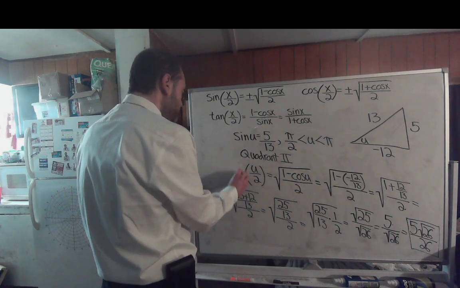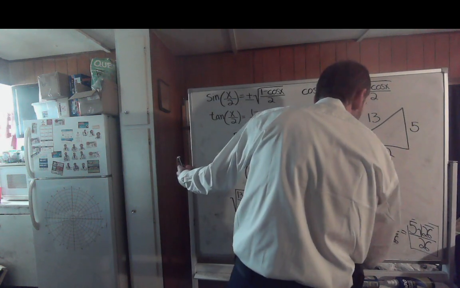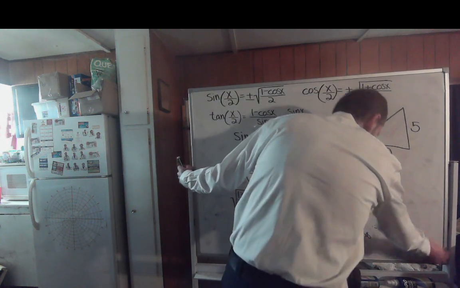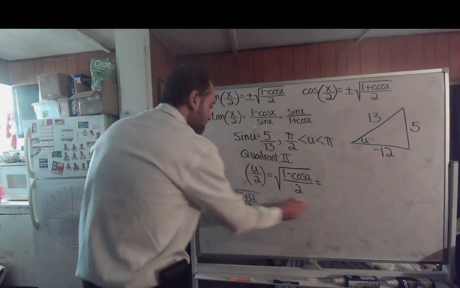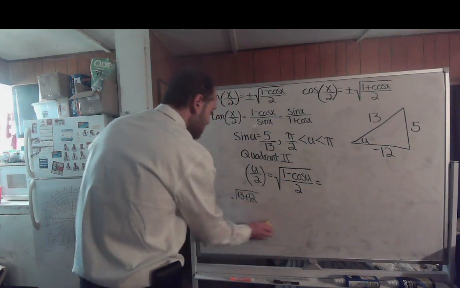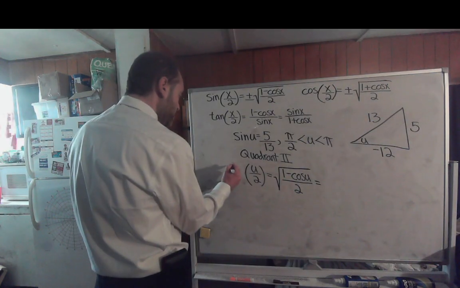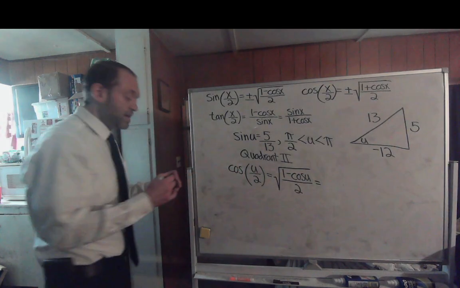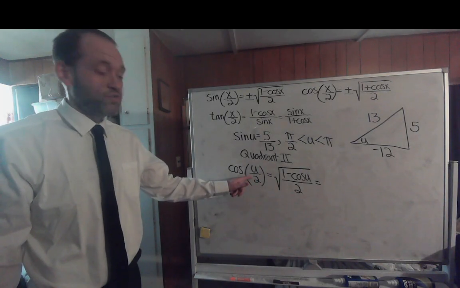Alright, let me change some minor things here. We're going to go after the cosine of u over 2 this time. Again, we talked about how half of a second quadrant angle is a first quadrant angle.